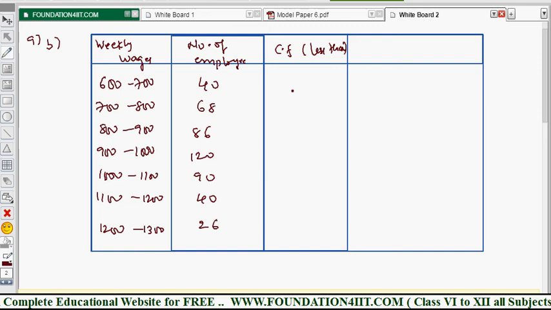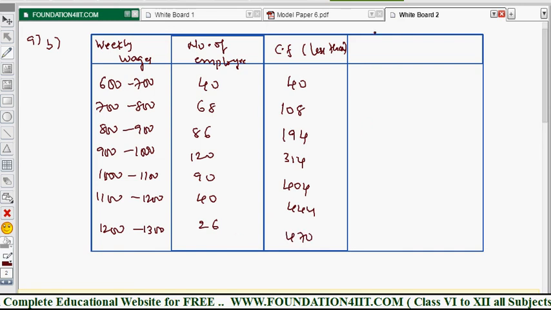The cumulative frequency we should find out. Starting with 40, then 40 plus 68 is 108. 108 plus next, 86, just add like this. That is 194, plus 120 is 314. Next, adding 90, 404, plus 40 is 444, and 470 by adding 26.